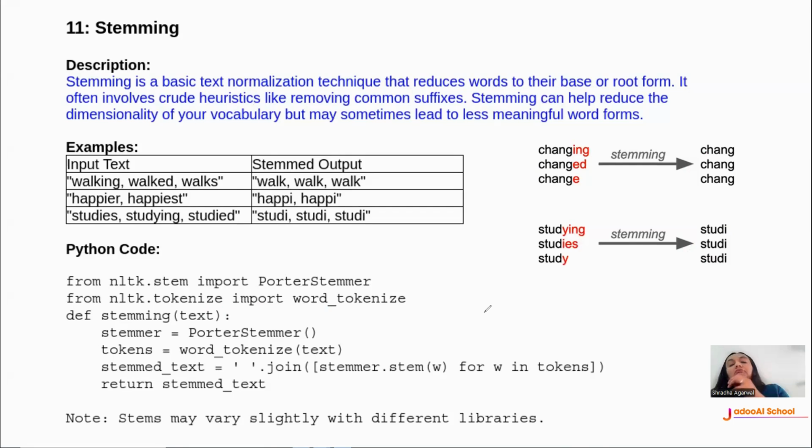Here you simply decide where to chop the word, and you just chop it there. So for all the words like changing, you see here there is a lot of lack of information, right? It has totally changed the meaning. This was changing, but it became Chang.